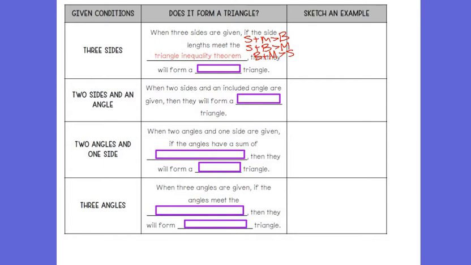Okay, so make sure you have this down. This is a wonderful chart to be able to go back and look at. I would write those inequalities down too. That way it's all in one place. Okay, and when it passed all 3 of those inequalities, it formed one unique triangle.